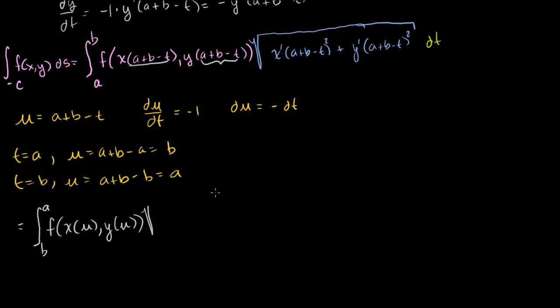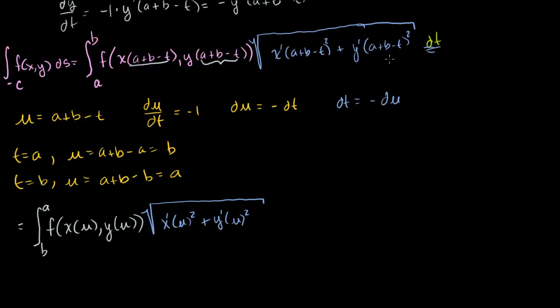Times the square root of x prime of u squared plus y prime of u squared. Instead of a dt, if we multiply both sides of this by minus, we have dt is equal to minus du.